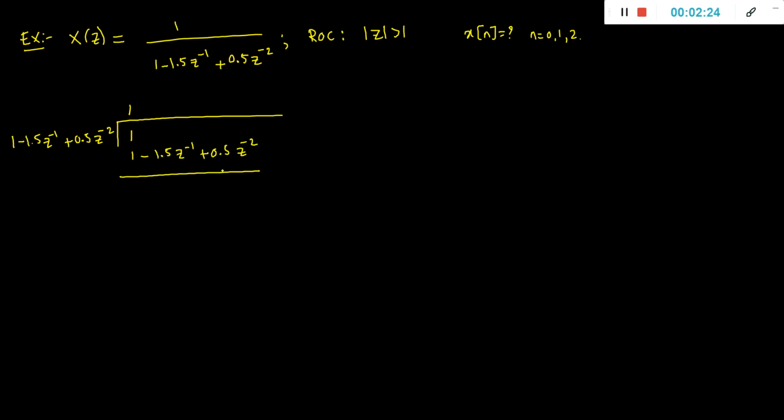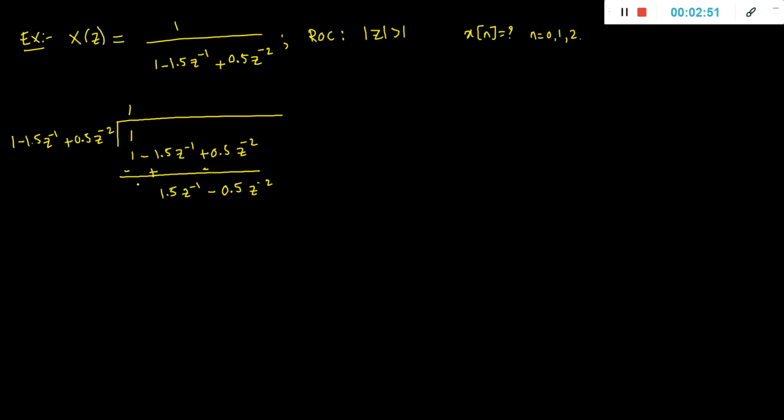Now I should subtract them, so I flip the signs. 1 minus 1 is 0, so I discard this. Now this value will be 1.5 z to the power minus 1 minus 0.5 z to the power minus 2. Once again I continue my journey.